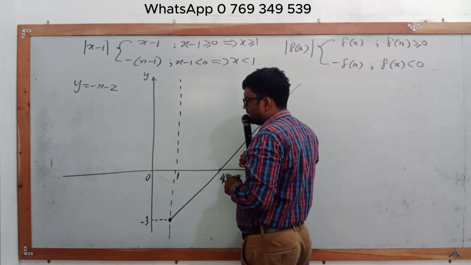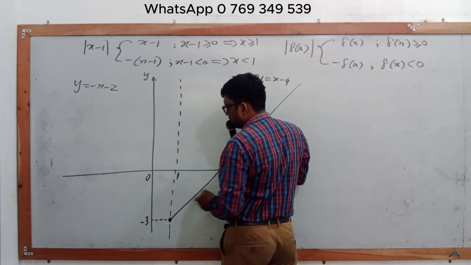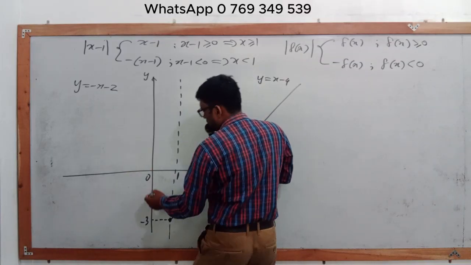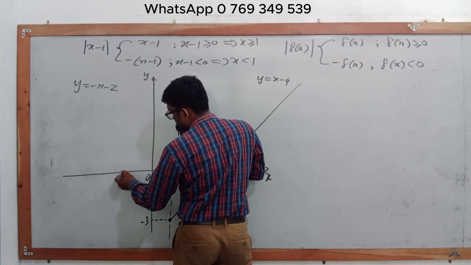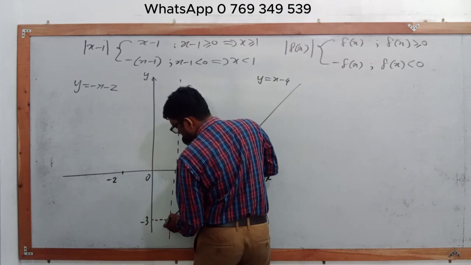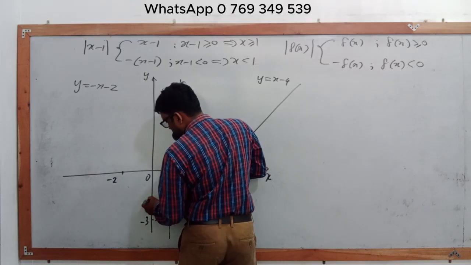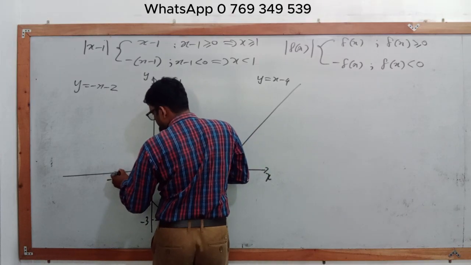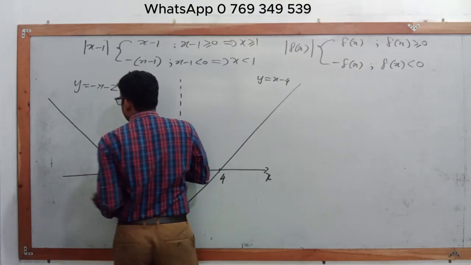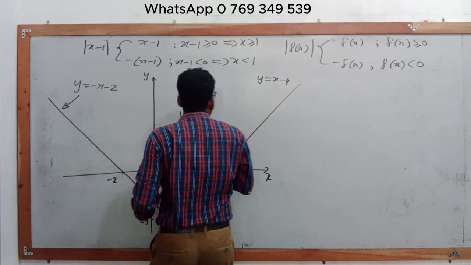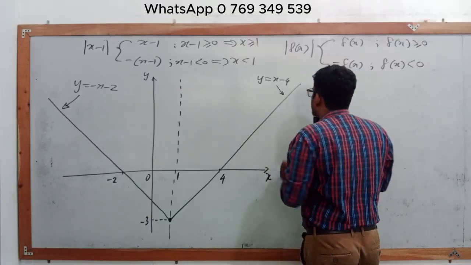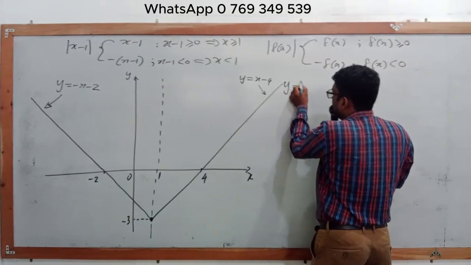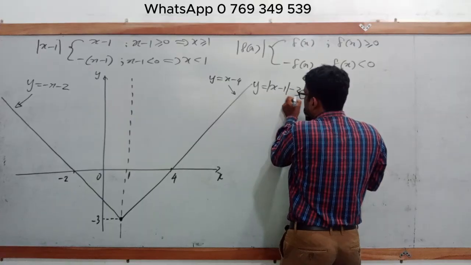Take x equals 1, that is minus 1. Now we have 0. At 0, that is minus 2. And here, minus 2 always here. This is the graph. Right. This graph is y equals modulus x minus 1 minus 3.